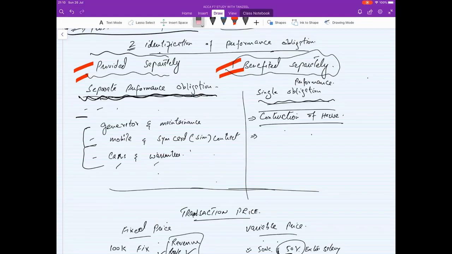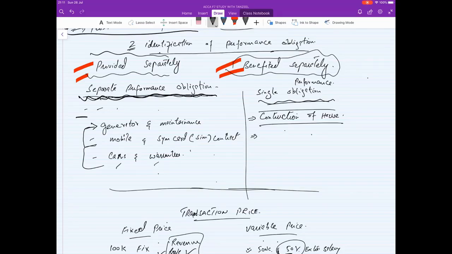So in this example, the moment you come to my shop and say you want to buy this generator, I'll give you the price of 5,000. And if you want the maintenance too, I will give you both the maintenance and the generator for 600 more.